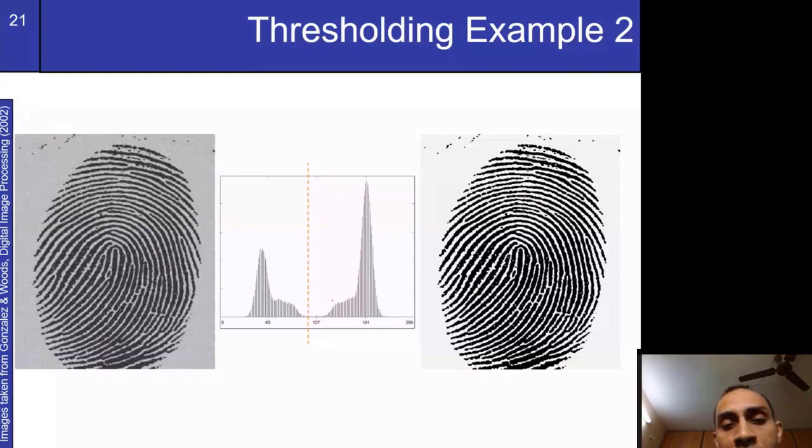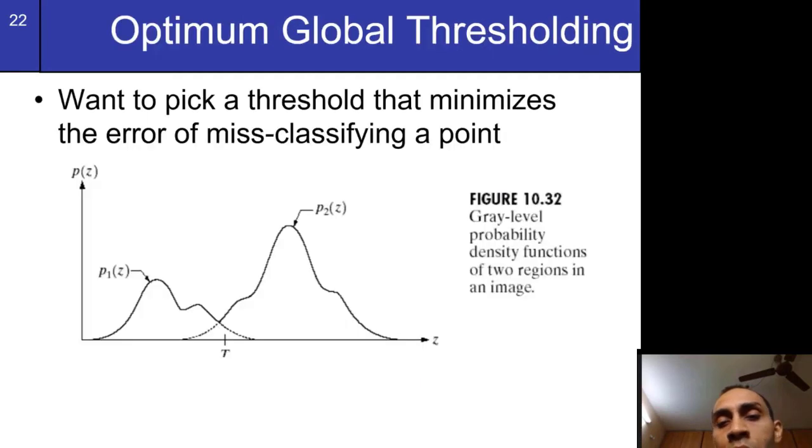A little bit more challenging, but still there is a good separation between these two distributions. Again, if you apply that simple global thresholding, you will get a good threshold value, which will binarize your image quite well.